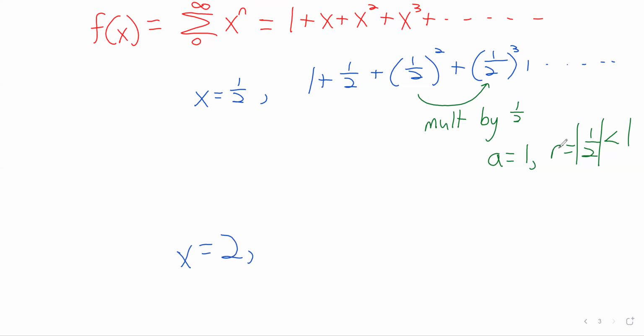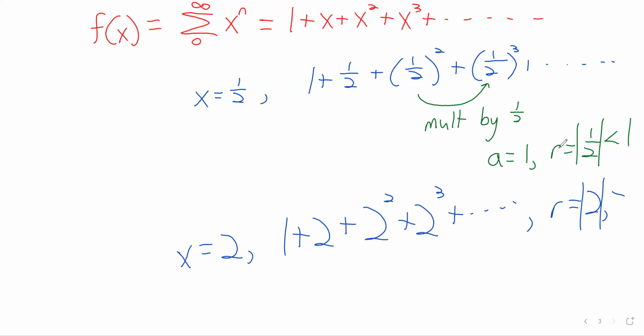If x were 2, this would still be a geometric series, but now it would diverge because 2 is greater than 1.